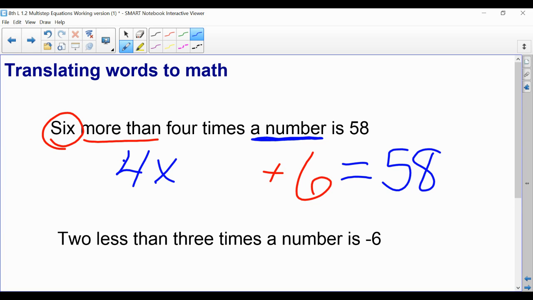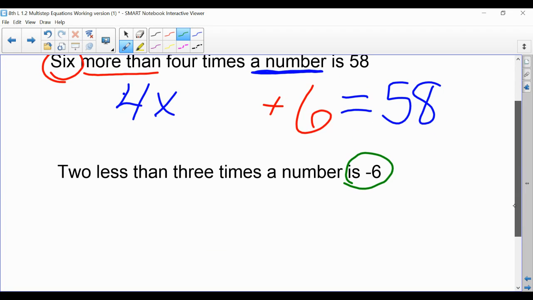So a lot of moving around in there. Things are not always in order just as you read them. A good idea also you could do is to look for this equals word first, and automatically put that right at the end. So this one says 2 less than 3 times a number is -6.